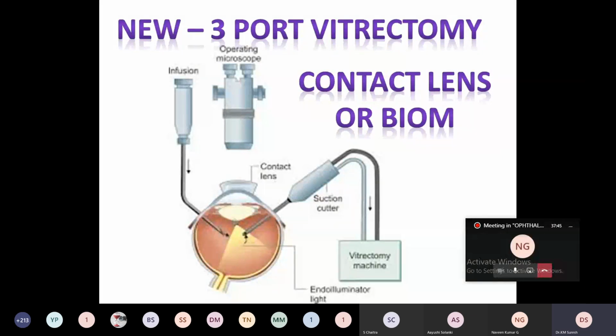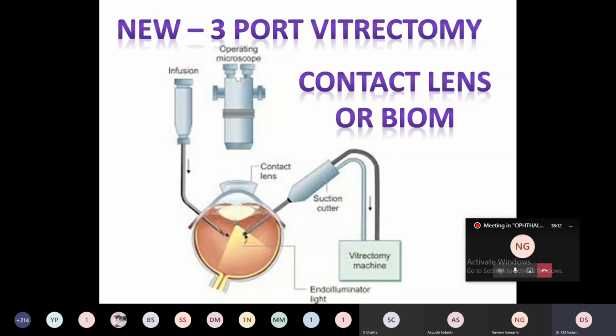Sometimes if you don't want a contact lens, if you don't want to touch the cornea, then one more instrument by name BIOM, binocular indirect ophthalmo microscope, can be used. That doesn't touch the cornea, but still you can see the details of the vitreous by this equipment, BIOM.